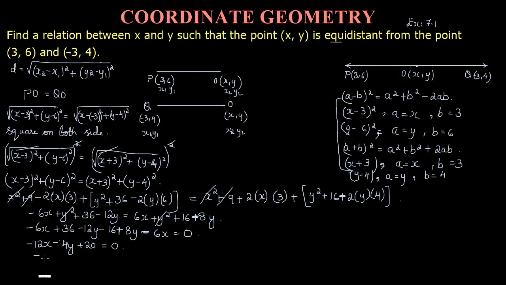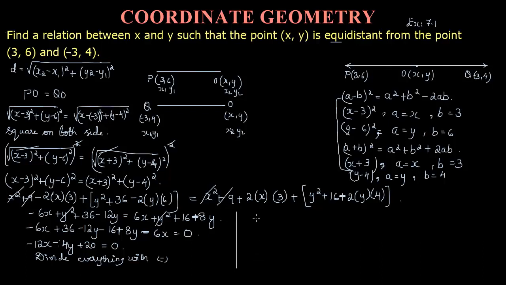Let me just write here: divide everything with minus. Okay. So if I am dividing this, what am I going to get here? I'll get here minus 12x divided by minus.